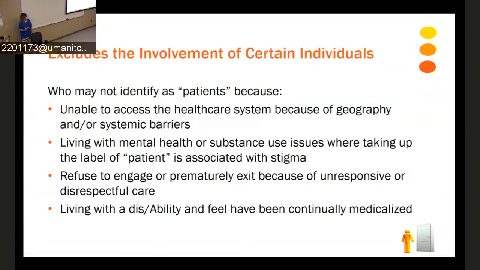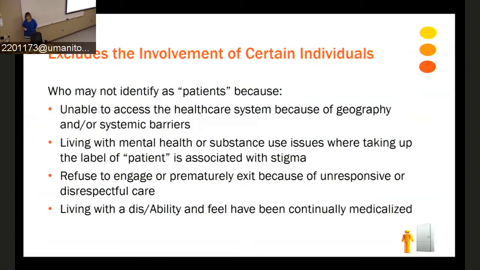And so we have to understand. And people who may refuse to engage or prematurely exit because of unresponsive or disrespectful care within the healthcare system. And also people living with disability who are differently abled may have felt like they've been continuously medicalized by the system and of course may not identify as patients.